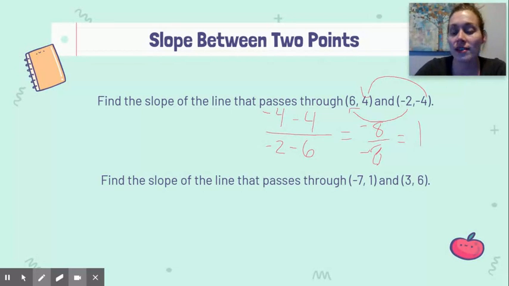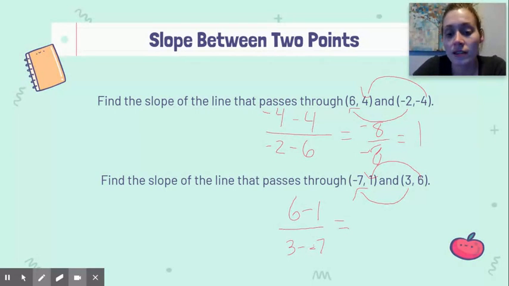Then you tried the second example. So you should have subtracted the y's on top, which would give us 6 minus 1 in the numerator, and the x's on bottom, which would give us 3 minus negative 7 in the denominator. 6 minus 1 is 5. And remember, minus and negative, when you have the 2 negative signs side by side like this, is like adding a positive.